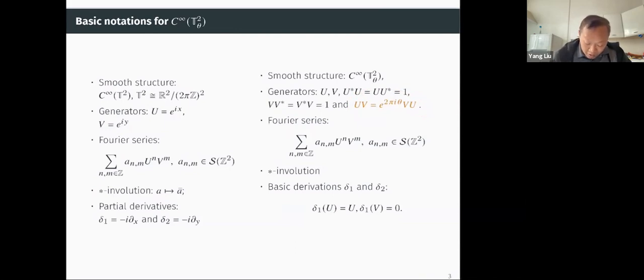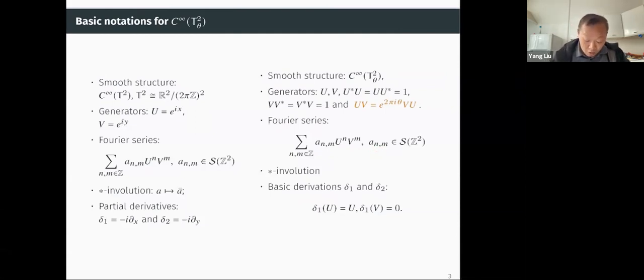For smooth functions on the two torus, we have Fourier expansions of this form. Similarly, for the smooth non-commutative two torus, elements are a sum of polynomials in U and V with coefficients of rapid decay, which reflects the smoothness, over integer parameters n and m.